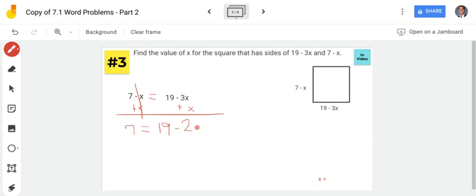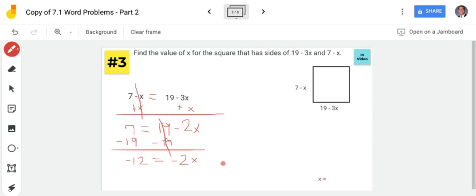That's negative 2x, right? So if my variable is on the right side, I need this number, the 19, to go to the other side. So I would need to subtract 19 from both sides, so those 19s cancel. 7 minus 19 is negative 12, right? Equal to, this is not 2x, but negative 2x.